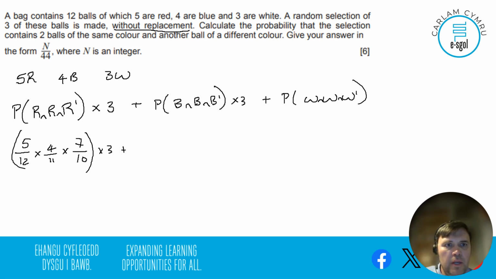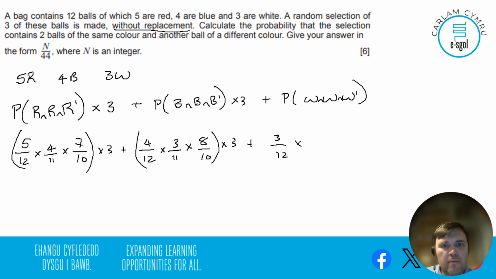Plus for blue, it is going to be 4 over 12 times 3 over 11 times 8 over 10, and that is times by 3. And then for white it is going to be 3 over 12 times 2 over 11 times 9 over 10. And all of that is multiplied by 3.